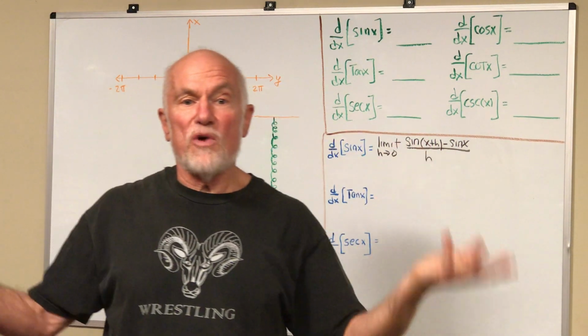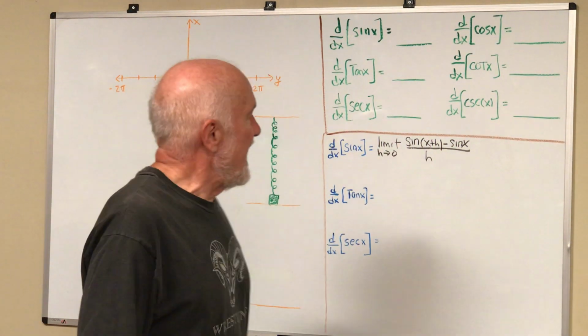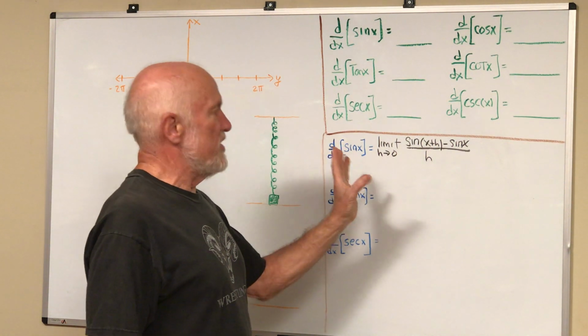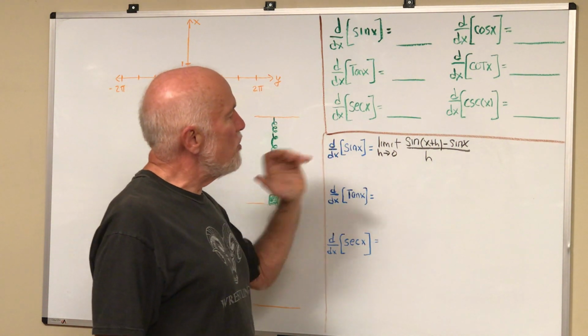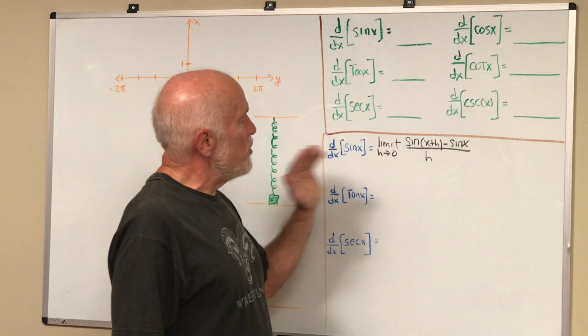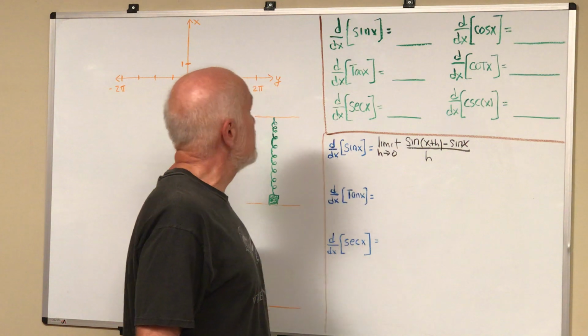We have to use that trigonometric identity, and it just gets a little bit confusing. So I really don't want to put you through that. Instead, I'm going to show you a slightly different way of doing it.